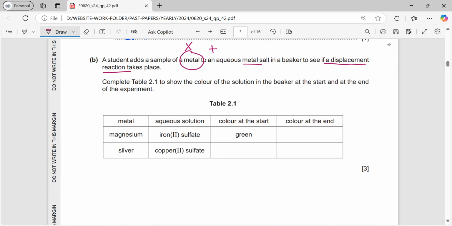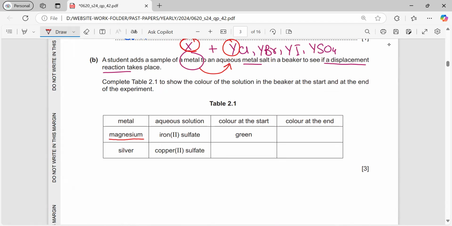So we have any other metal salts like Y chloride or Y bromide or Y iodide or Y sulfate. So we have two metals over here. We have X and Y. So let's see if the metal X can displace metal Y from its compound or not.